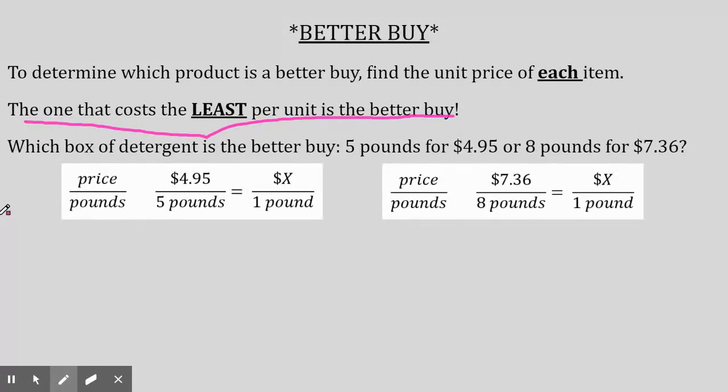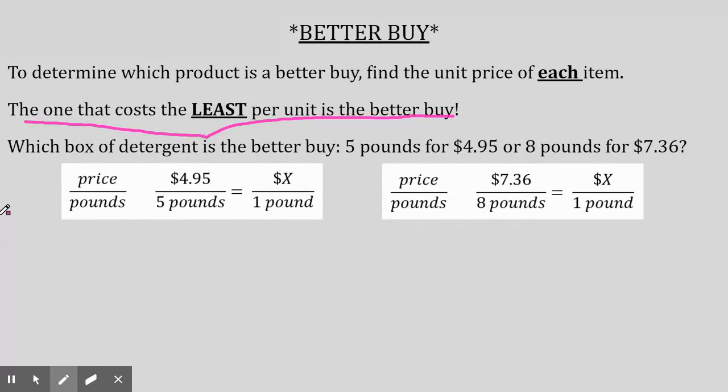Okay, so when you're an adult and you're going grocery shopping and you're on a budget, you can't just go buy anything you want. You need to figure out what's going to give you the better deal. As adults, we love deals. So I can figure out per unit which one's the cheapest, and that's what I'm going to buy.